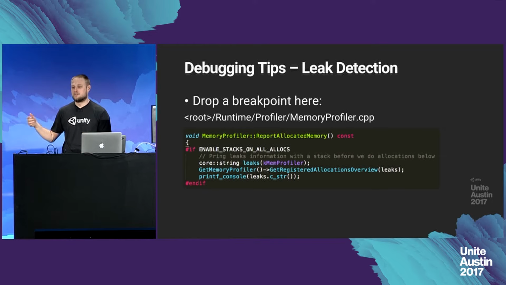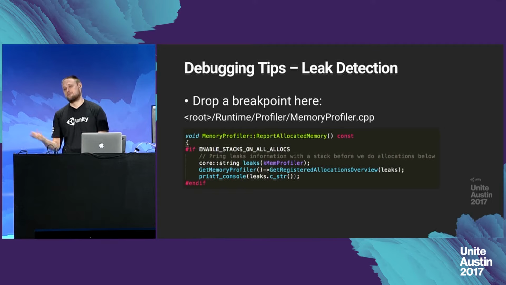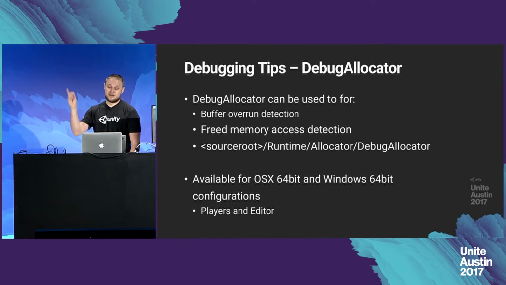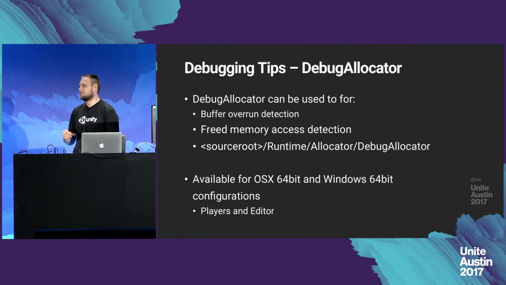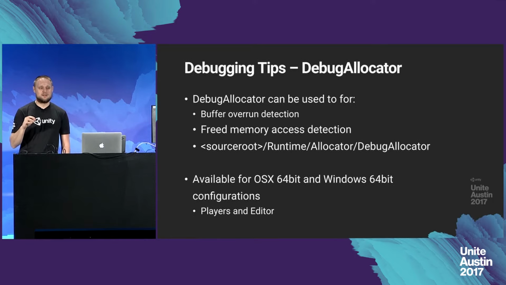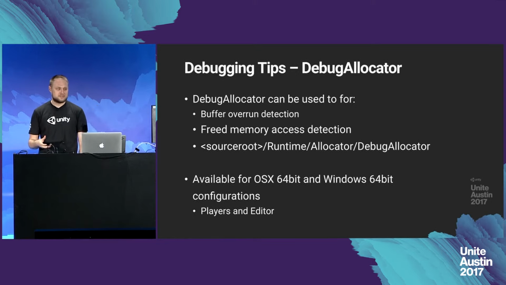So if you're building a lot of tooling or new runtime stuff that's allocating outside of our memory allocators, then sorry, this won't be very useful. The same goes for the debug allocator. Debug allocators are really nice if you are allocating stuff within our memory system.